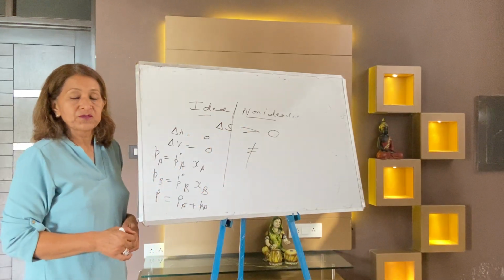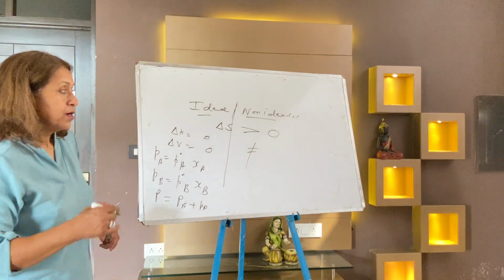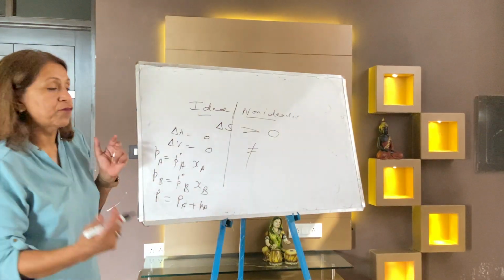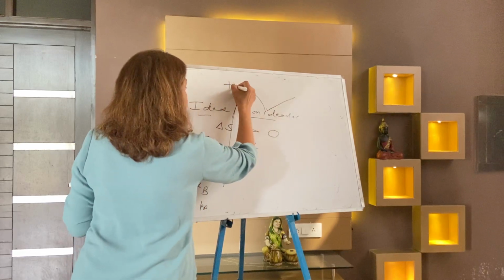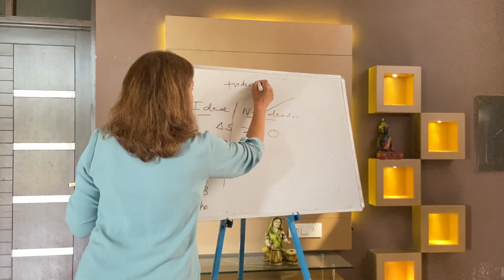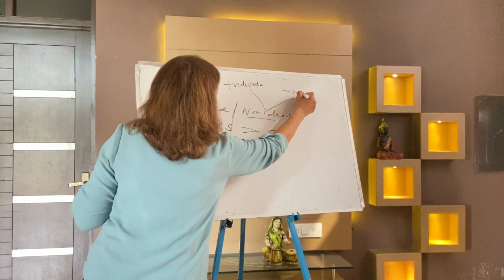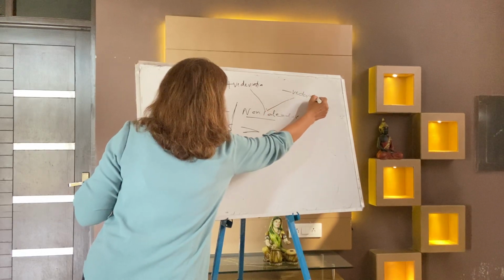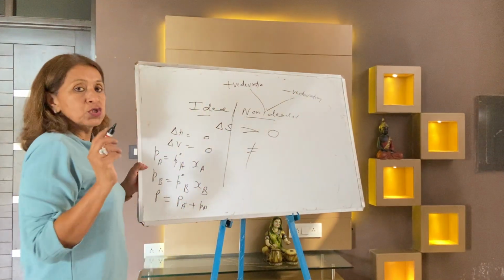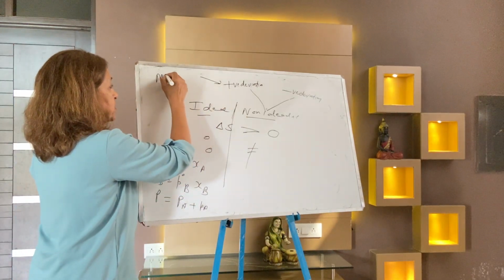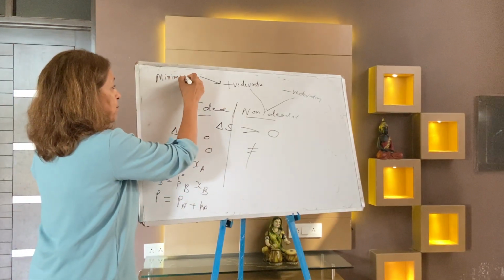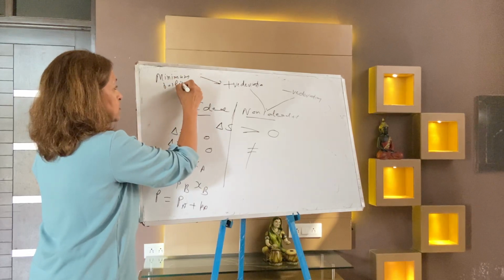There are two types of solutions, ideal and non-ideal. Non-ideal solutions are further of two types: one showing positive deviations, another showing negative deviations. Those showing positive deviations are always minimum boiling azeotropes.